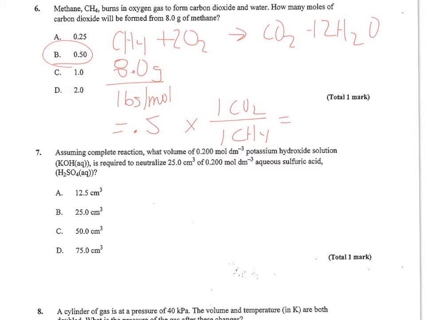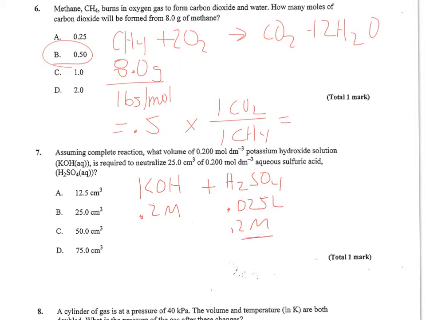Number 7, assuming complete reaction, what volume of 0.2 molar potassium hydroxide, KOH, is required to neutralize 25 centimeters cubed, or 0.025 liters, of 0.2 molar aqueous sulfuric acid, H2SO4?